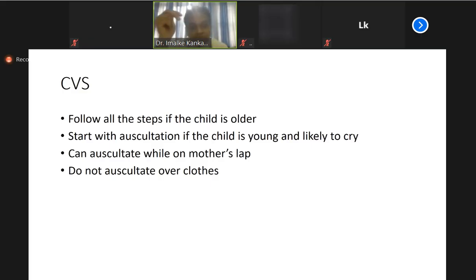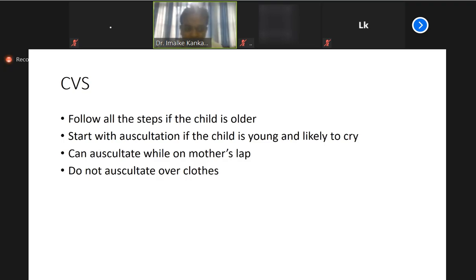So start with auscultation if the child is young and likely to cry. Looking at the child, sometimes you will realize, okay, the child is not that compliant with what you are going to do. If the child is less than 1 year, definitely better to start with auscultation before the precordium examination, before you mask the physical signs.